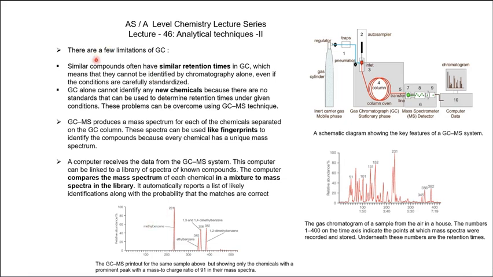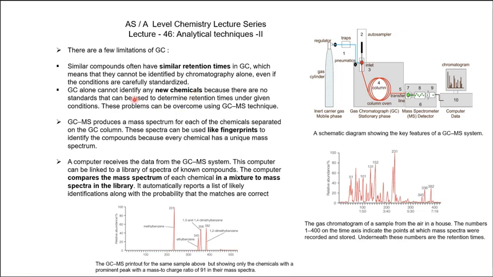I have to say a little bit about a few limitations of GC, and that limitation is overcome if we have a GC with mass spectrometry. What is the limitation? Similar retention times in GC mean that we cannot identify compounds with the chromatograph alone. And for new chemicals we cannot identify them because we don't have a reference standard.